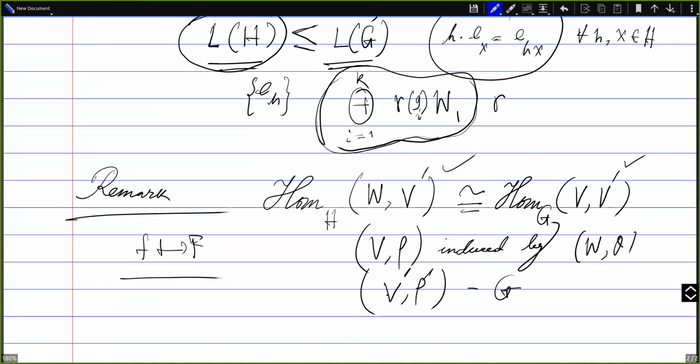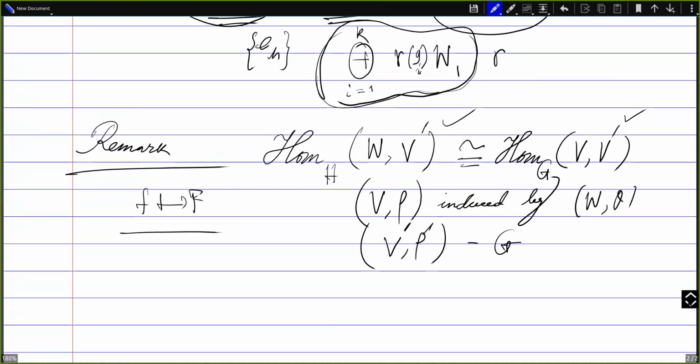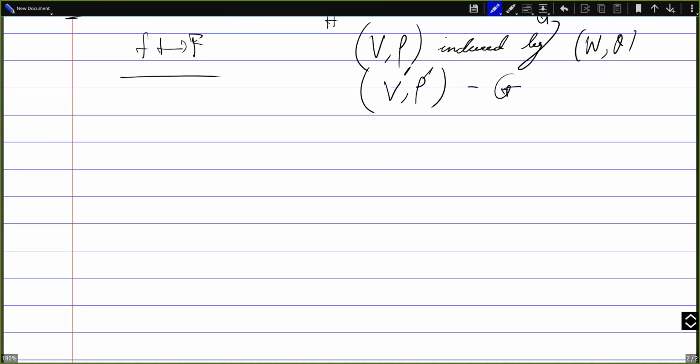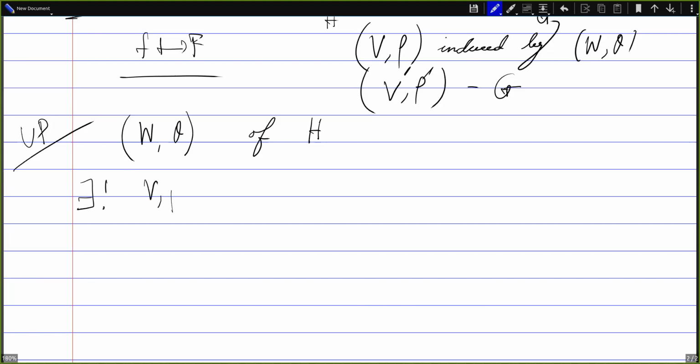Okay, and before we finish, I will just again summarize the universal property of these induced representations. What it says is that given a representation (W, theta) of H, there exists a unique, again unique means unique up to isomorphism, (V, rho) of G with the following two properties.